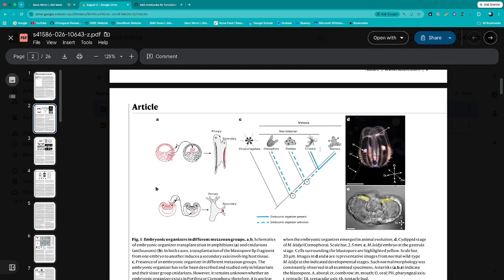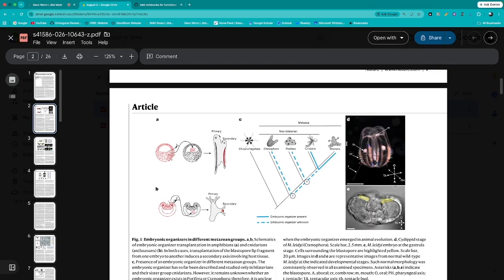These are outgroups to the cnidaria-bilateria group, and it just means that they separated from the common ancestral lineage earlier, and then Choanoflagellata is out here as an outgroup. And these blue lines show that there's this putative embryonic organizer.